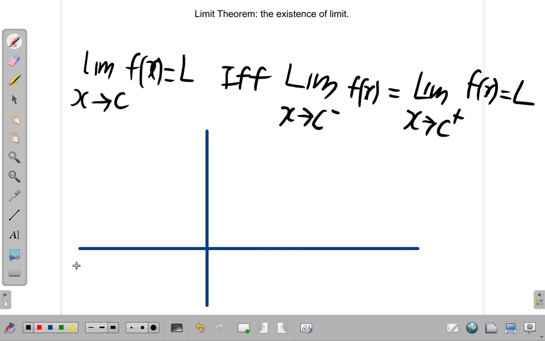Now, let us say that you have this number 1 right here, and you're approaching the limit of 1 towards 1, and you have this line. Let me use a straight line. It's a straight line graph, and you plot the graph and it goes towards 1.